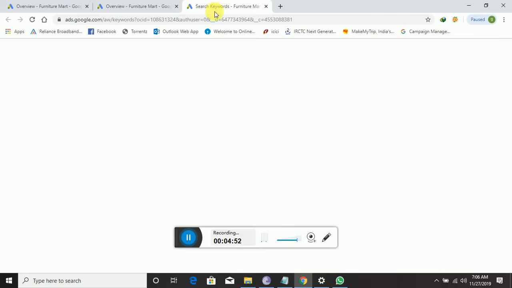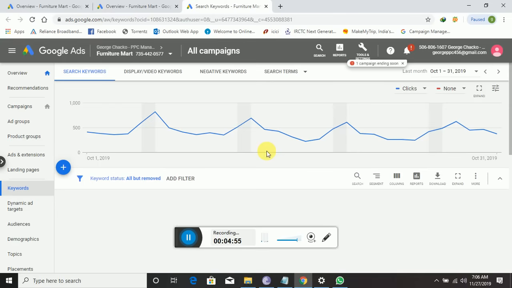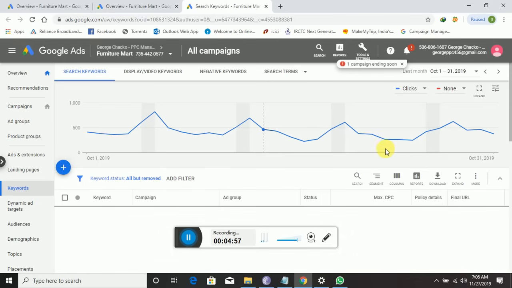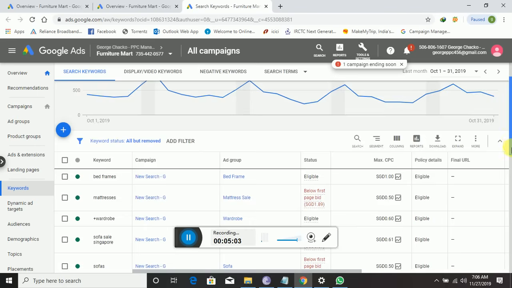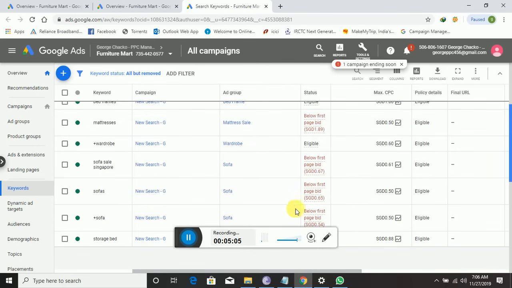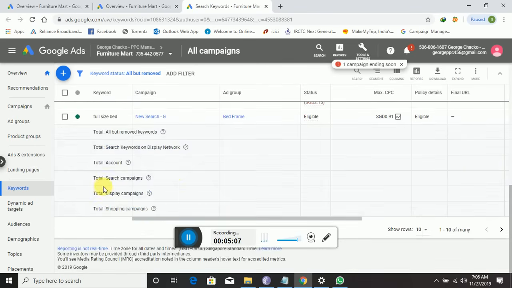Now, as I told you, look at how I am using the keywords, and check over here how I am using the keywords. Yeah, you can see I'm using, as I told you, sofa in the earlier example.